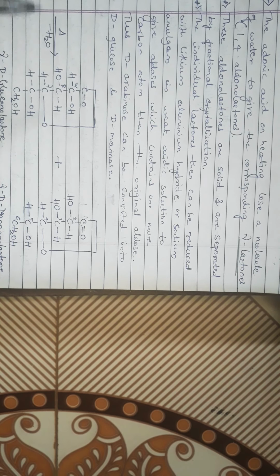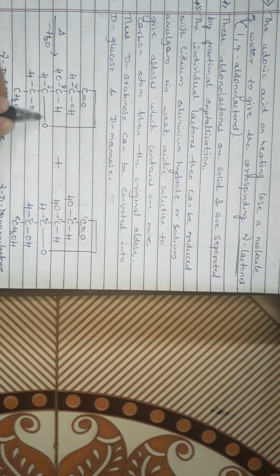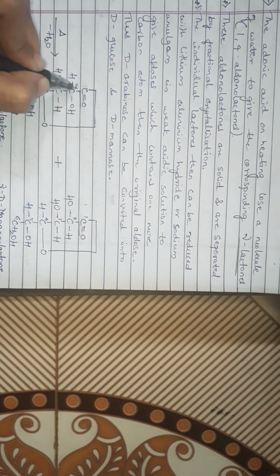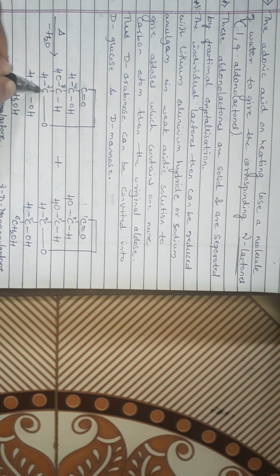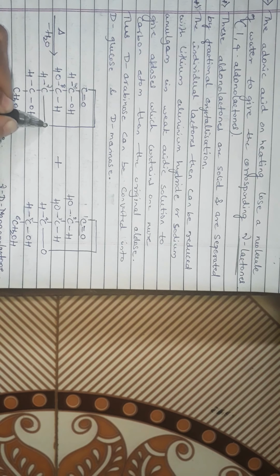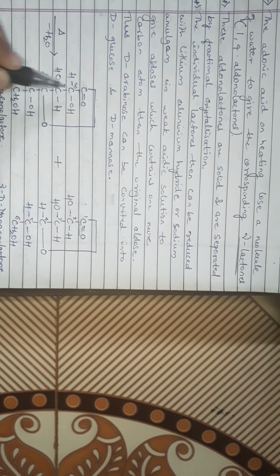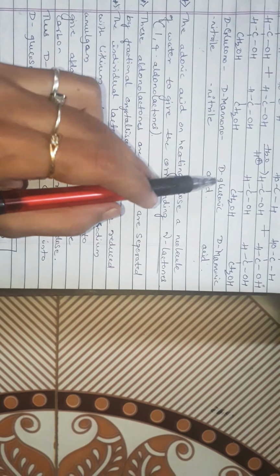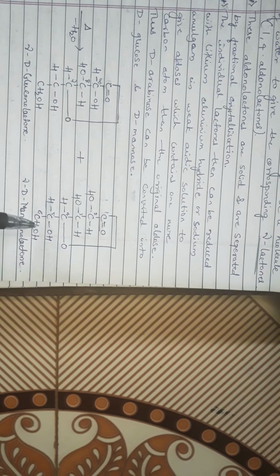Here you can see there is a cyclization between the first, second, third and fourth carbon atoms, and here an oxygen is there. So it is called a gamma lactone, and it can also be called a 1,4 aldolactone, because carbons 1 and 4 undergo cyclization. When the respective acids are heated, they lose a water molecule and give the respective lactones.